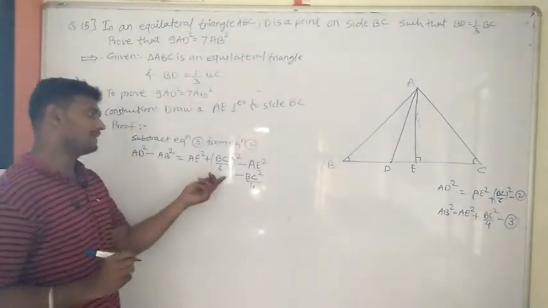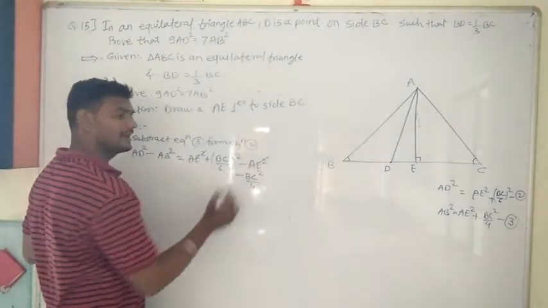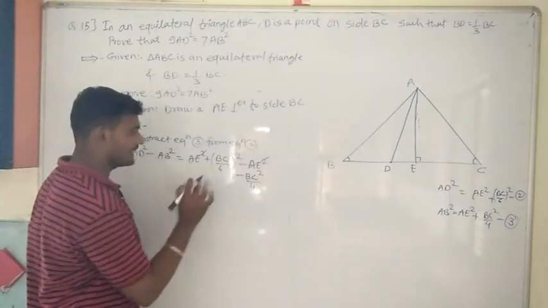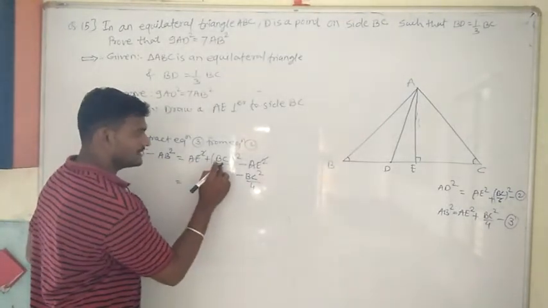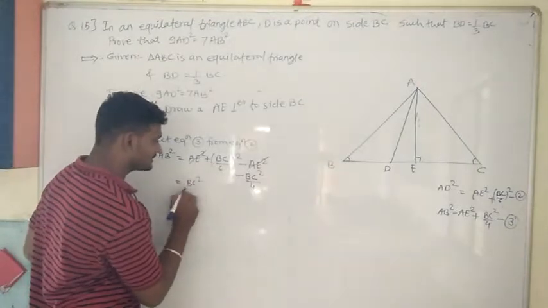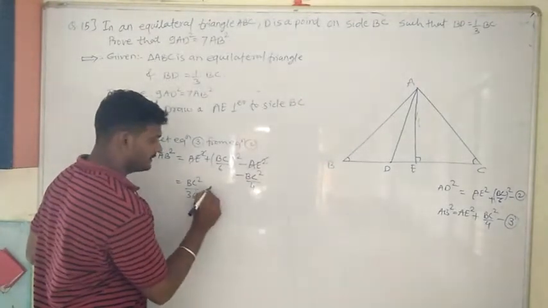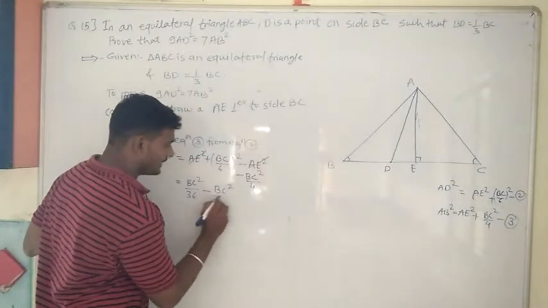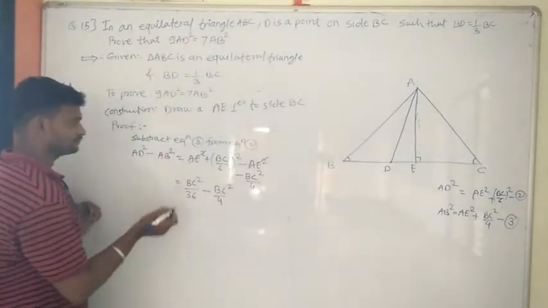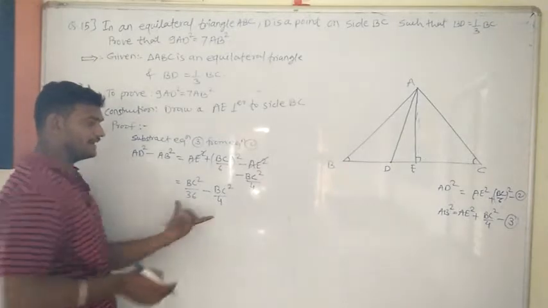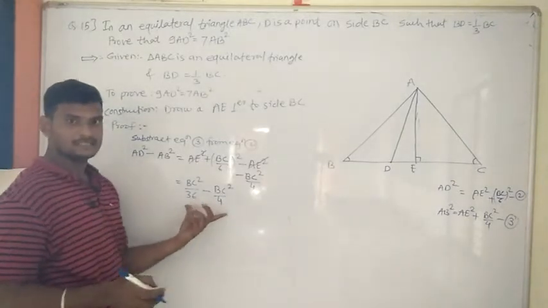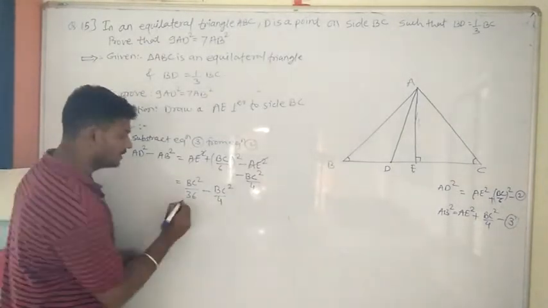Now we will simplify it. This AE square gets cancelled, plus and minus. BC by 6 bracket square will become BC square by 36 minus BC square by 4. Now, cross multiply, or you can take the LCM of the denominator. LCM of the denominator is 36 here.